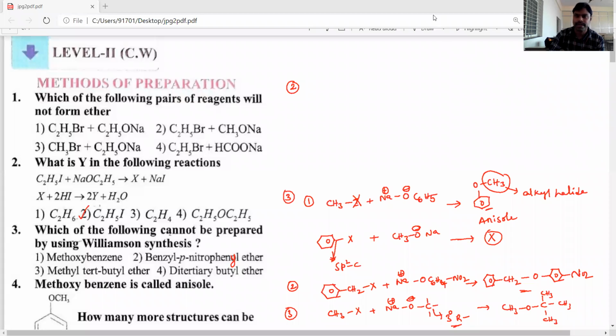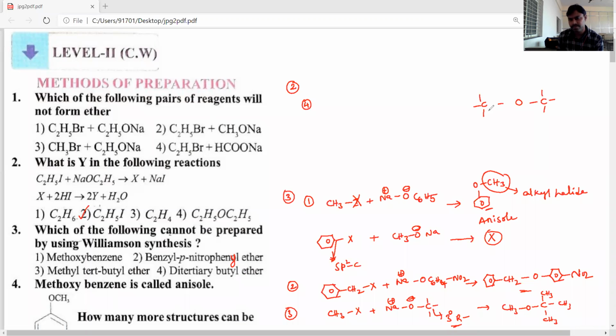Why can't we synthesize the fourth one, dear students? Let's look at the fourth option. What is the product? Ditertiary butyl ether. Ditertiary butyl ether means both the alkyl groups are tertiary alkyl groups.